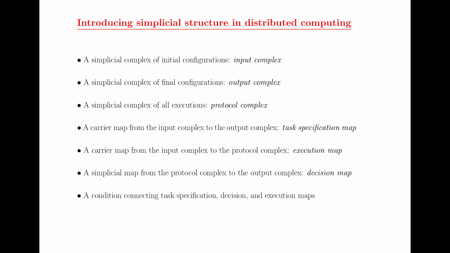Again, there's not one output, but for each input there is an allowable set of outputs. Which means, if you want to model this simplicially, we do not have a simplicial map, because a simplex will not map to a simplex. A simplex will map to a subcomplex of possible outputs. Okay, so therefore we're forced to work with carrier maps.